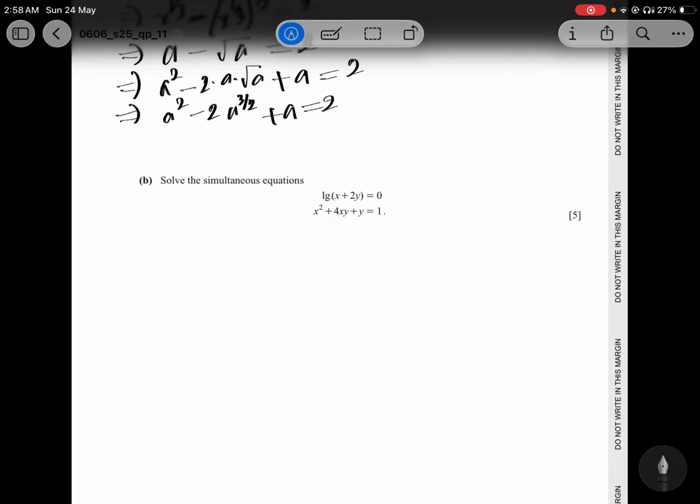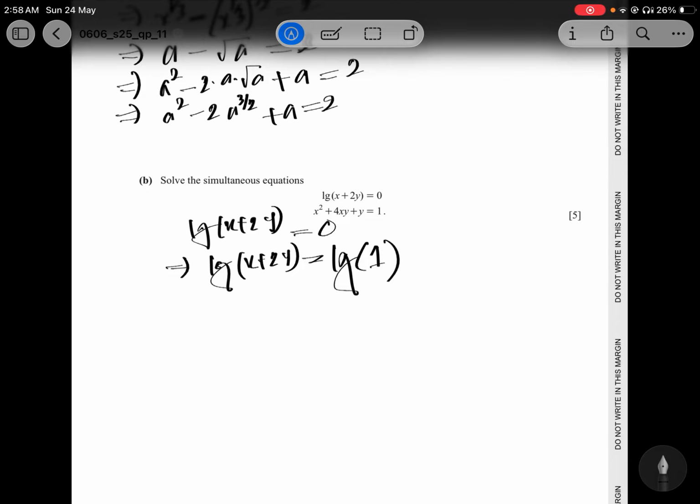This question is ALG x plus 2y is equal to 0. Okay, so ALG x plus 2y is equal to 0. So I can take it like this way. Log x plus 2y, log any base 1 here.